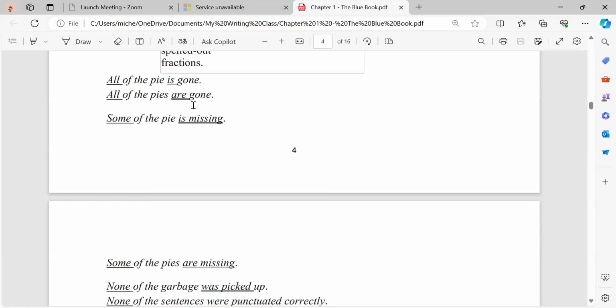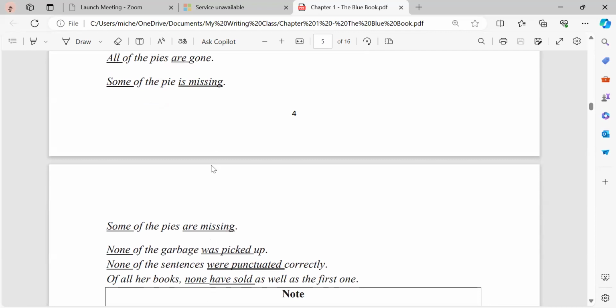It goes the same for the example sentence below. Some of the pie is missing and some of the pies are missing. It's technically the same thing. Like the previous example, the plural or singular object will determine the verb, whether it's going to be singular or plural.